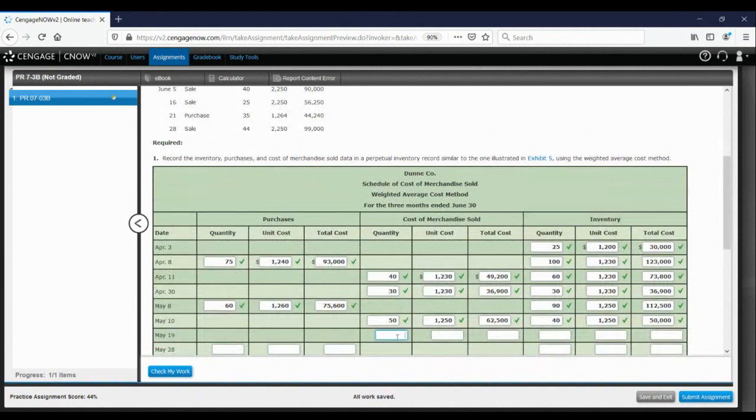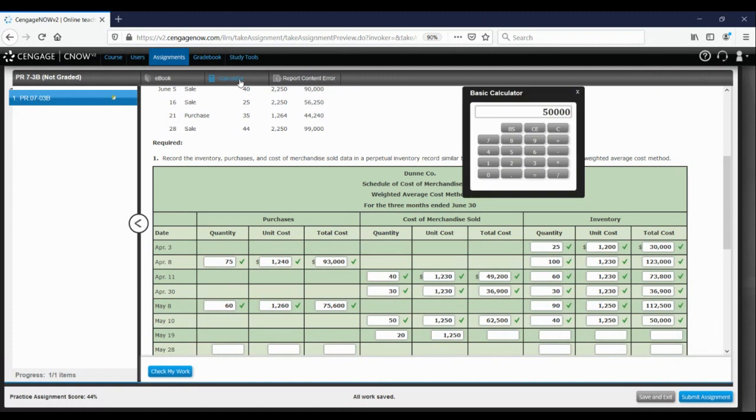So 20 is going to go in for our quantity here. $12.50 is our weighted average cost per unit. And then we're going to multiply our 20 units times $12.50.